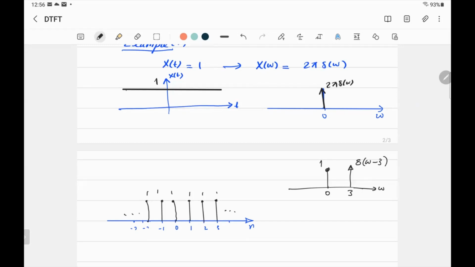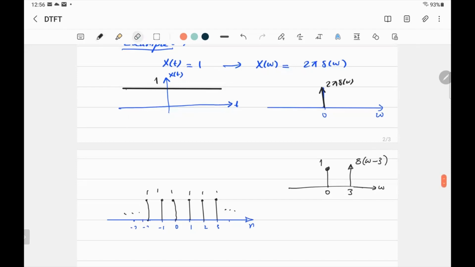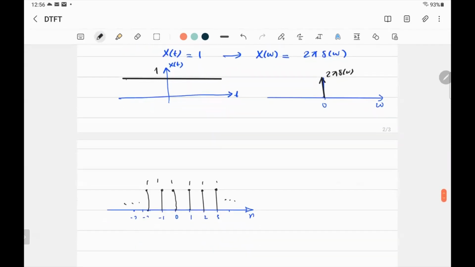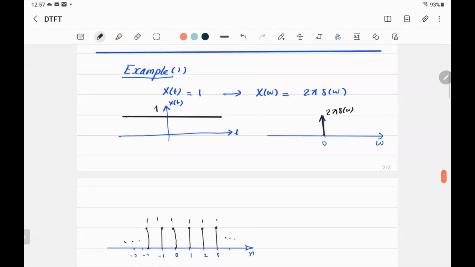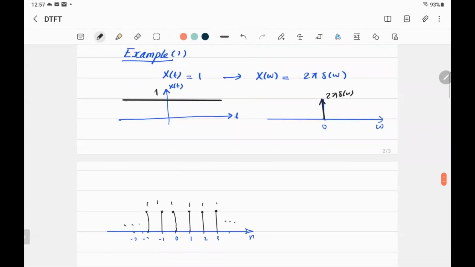Like what I'm doing here, all are ones. The height is equal to 1. Now I did sketch the equivalent discrete signal for this continuous one. If you can do the integration, it will take a long time. But if you know the Fourier transform for the equivalent continuous signal, you can do it very easily.